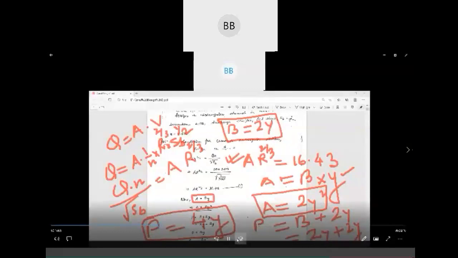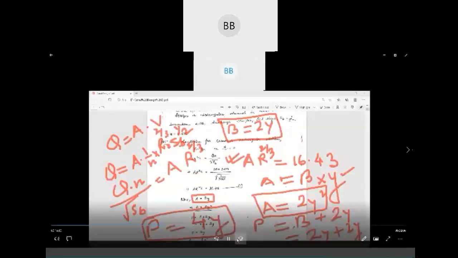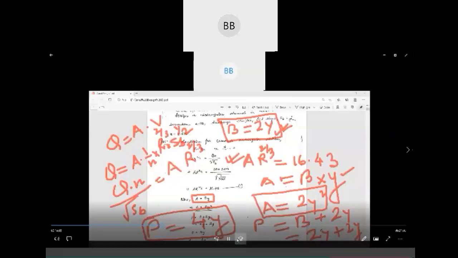And we all know the wetted perimeter for a rectangular channel is nothing but b plus twice y, and in place of b again we are going to substitute the economic condition, that is twice y. So if you add, you will get the wetted perimeter for that particular rectangular channel is equal to 4y.